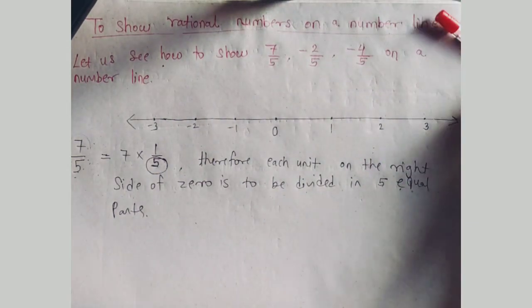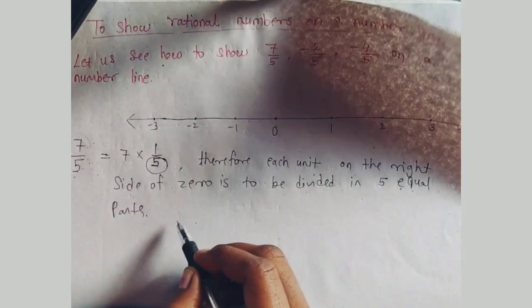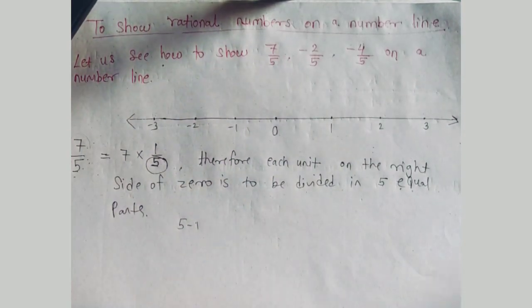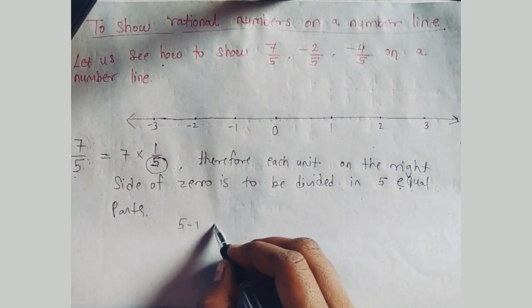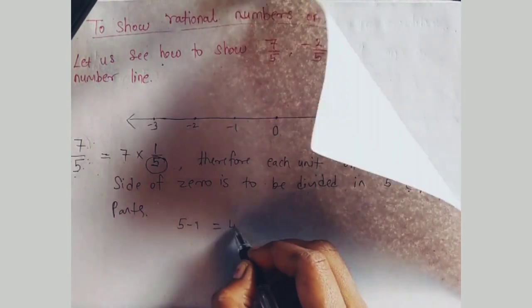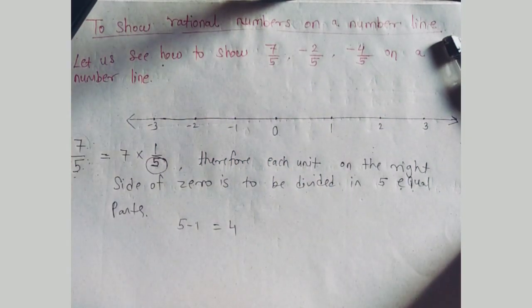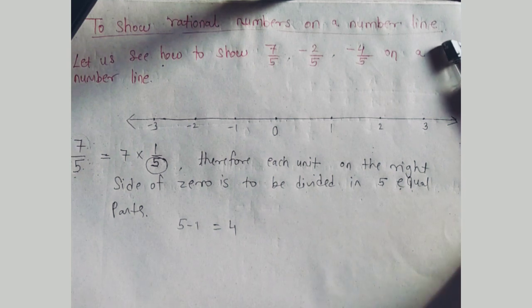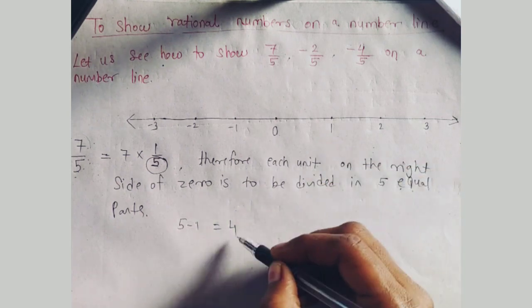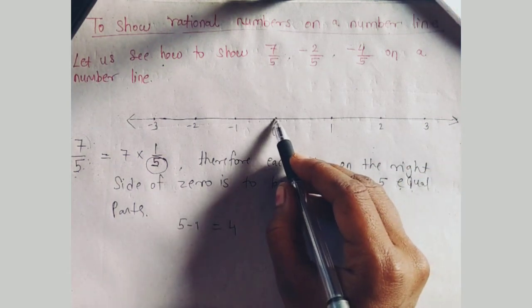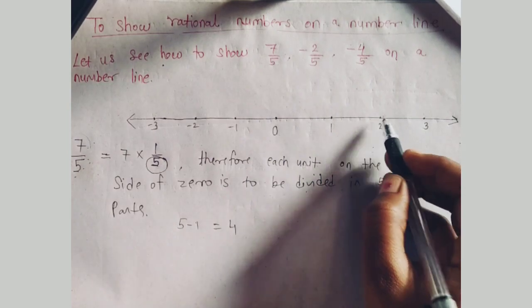Now, 5 minus 1, subtract one from 5. 5 minus 1 is equal to 4. So, there are 4 points in between 0 and 1 and in between 1 and 2.